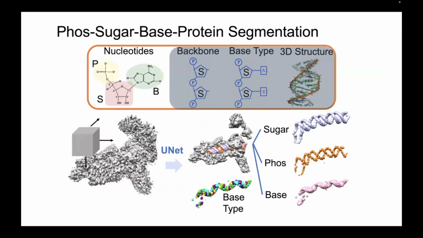Using the U-Net, it scans the density map, the entire regions. Then first, it tries to find where is the protein, where is the sugar, where is the phosphate, and the position of the base. At the same time, it computes the base type for its positions.